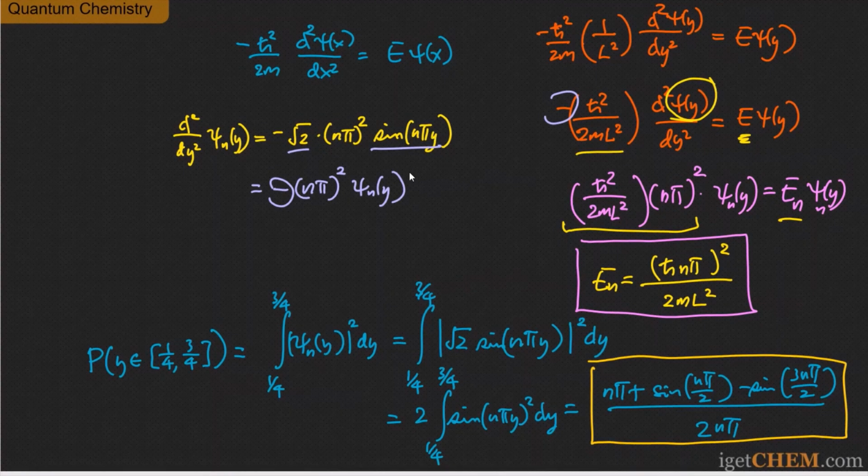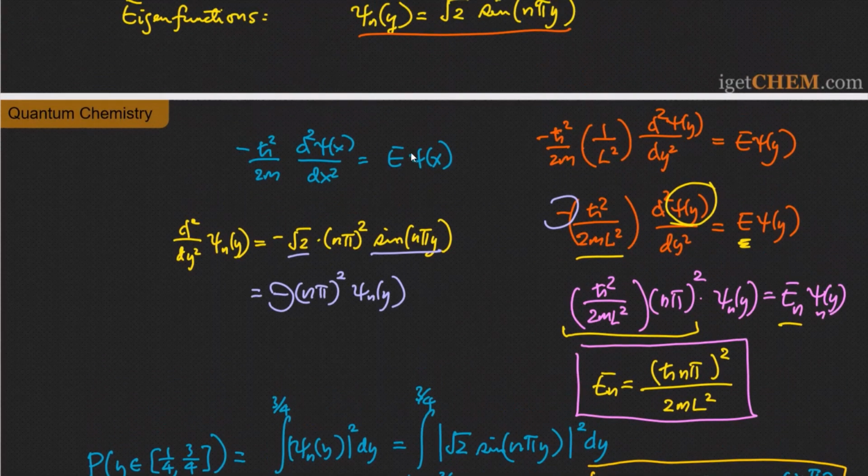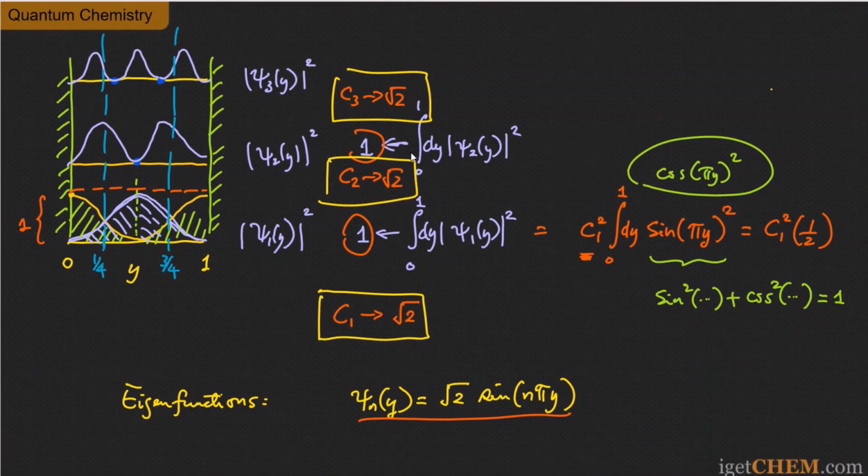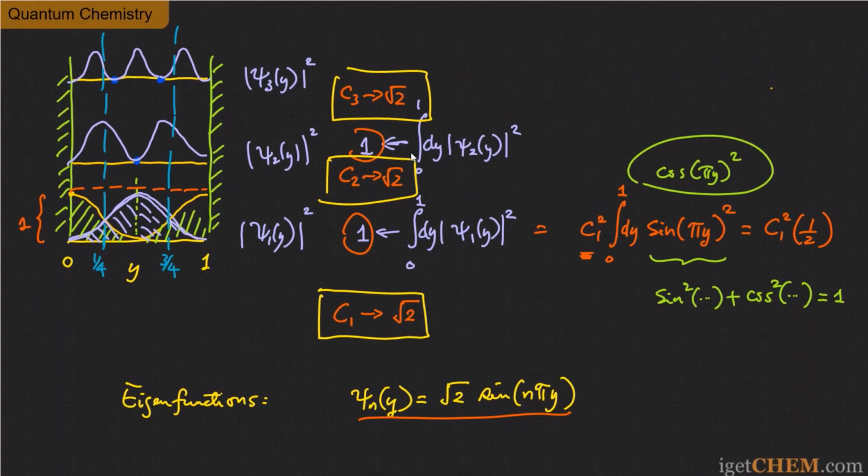Okay, so that's it for this video. It turned out to be a fairly long solution, but I hope it has enough details to help you really dig into the heart of this particle in a box problem.